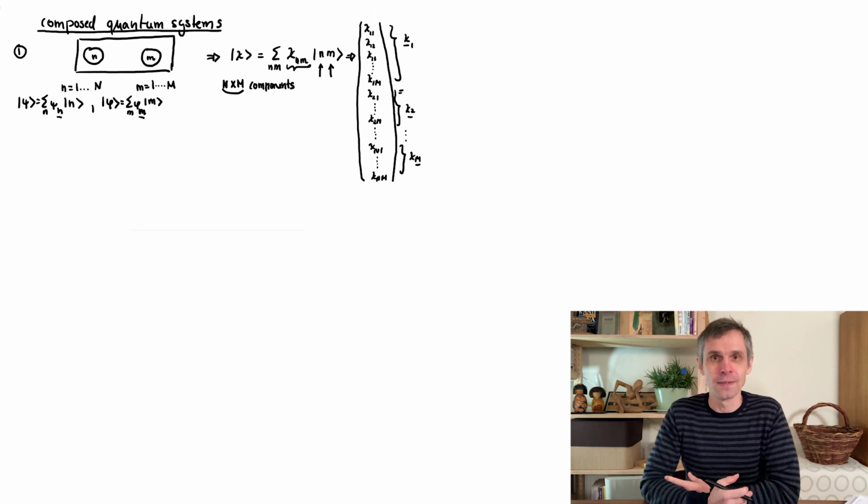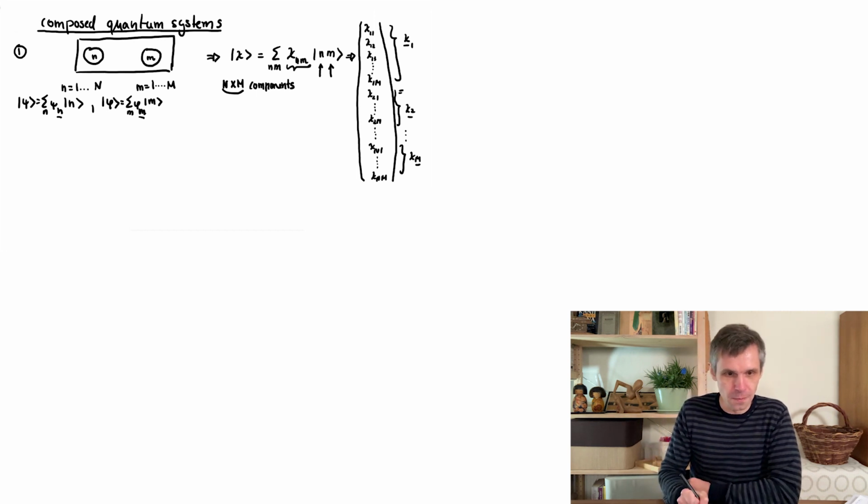Now what I've written down here suggests that there is a formal way to combine the basis states of two different Hilbert spaces, H1 and H2, into states of another Hilbert space, H3.